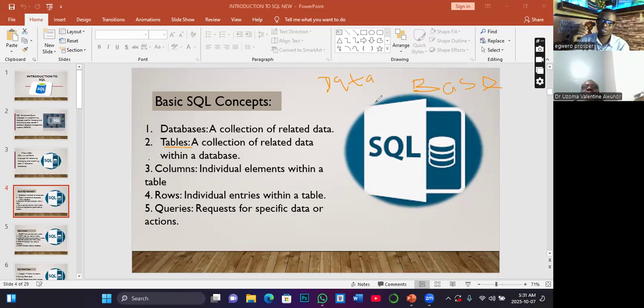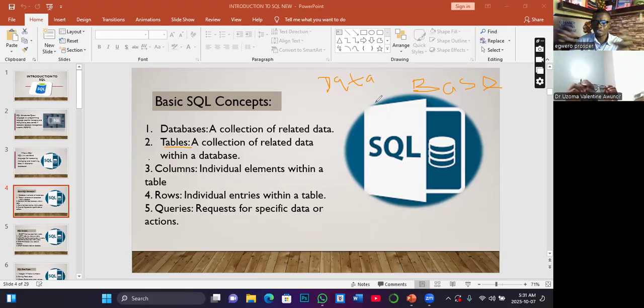Now, it is this same table that we are referring to as relation. I hope I'm still making sense, sir. Yes. That's what a table is also known as: relation, a collection of related data.